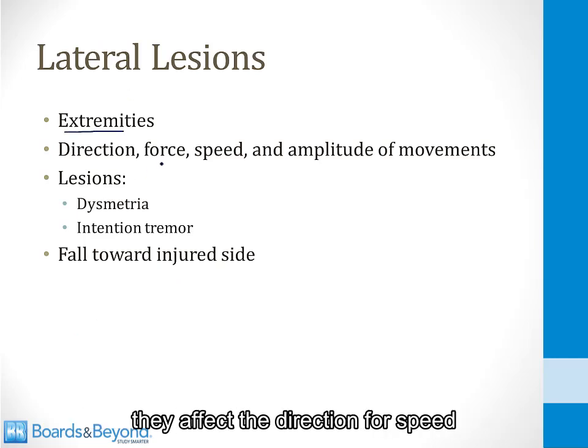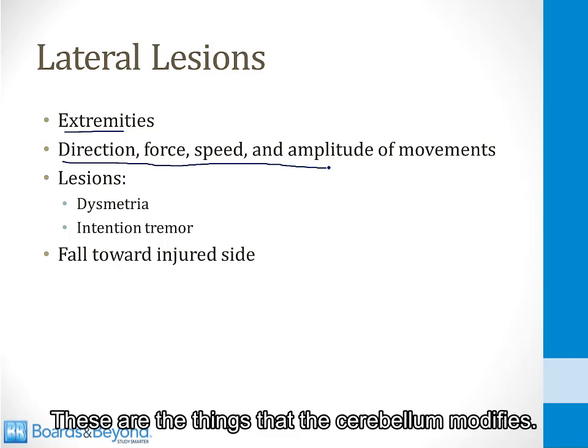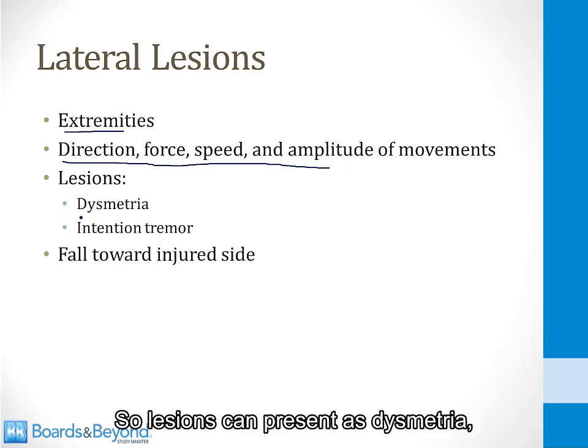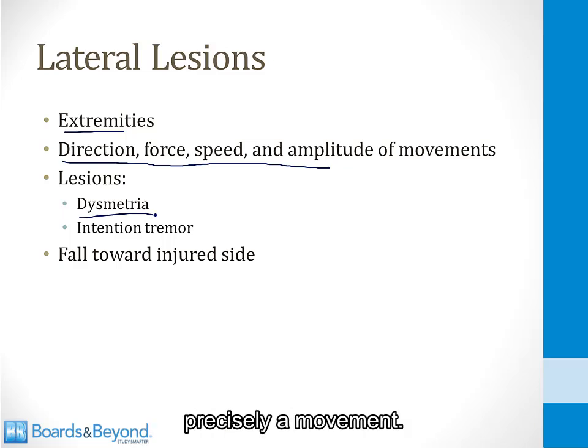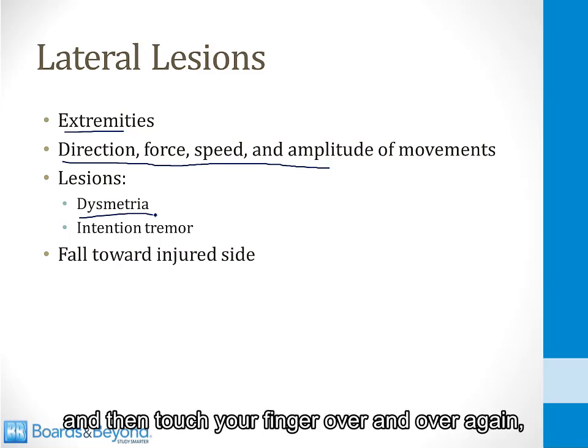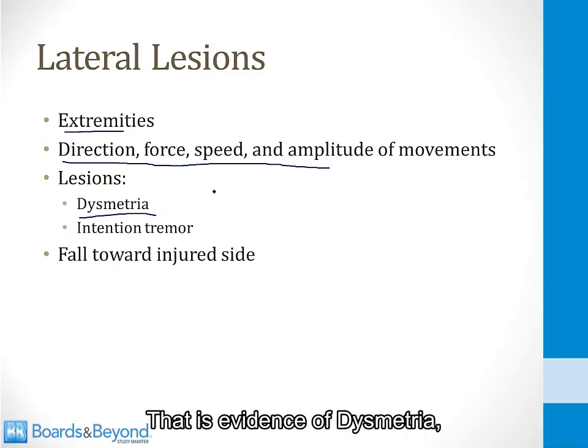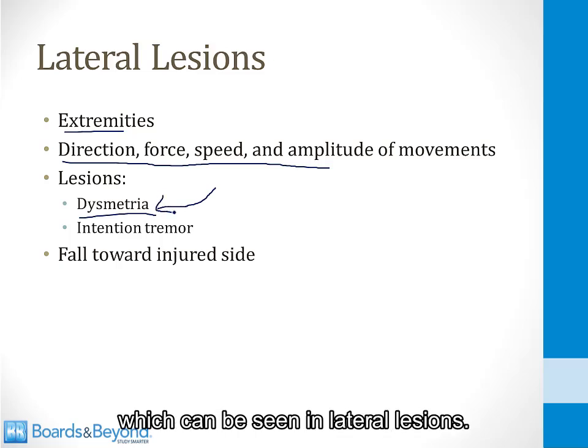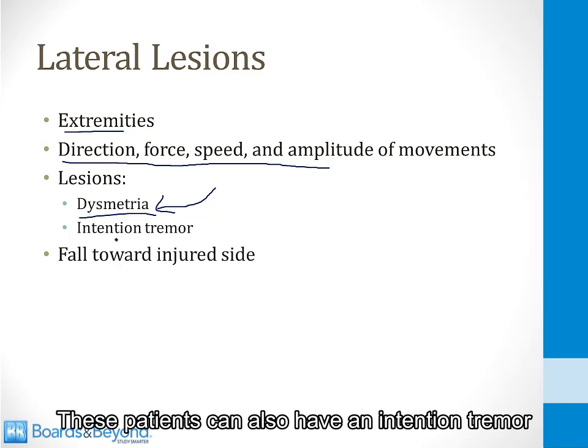They affect the direction, force, speed, and amplitude of movements. These are the things that the cerebellum modifies. So lesions can present as dysmetria. This is where a patient cannot control precisely a movement. For example, if you ask a patient to touch their nose and then touch your finger over and over again, they will miss your finger. That is evidence of dysmetria, which can be seen in lateral lesions. These patients can also have an intention tremor.